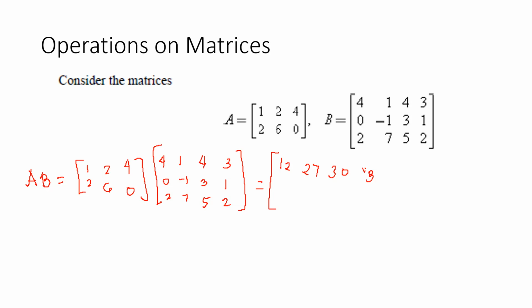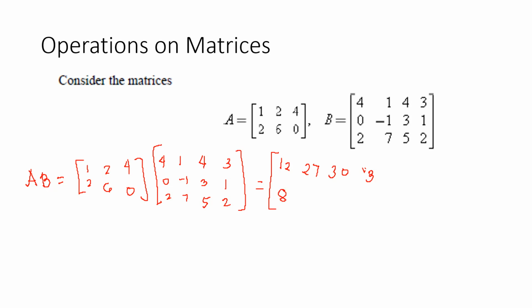Then for the next, you have 2 times 4 plus 6 times 0 plus 0 times 2, which is equal to 8.